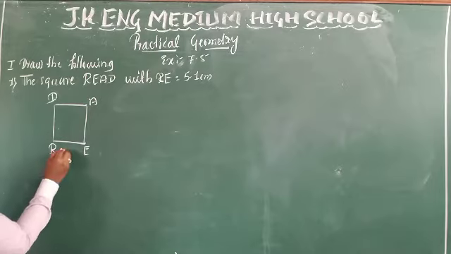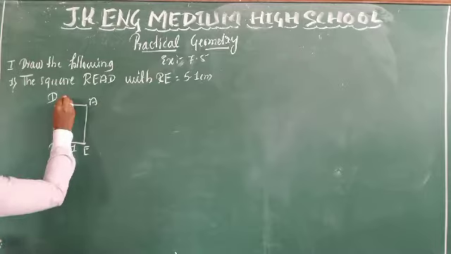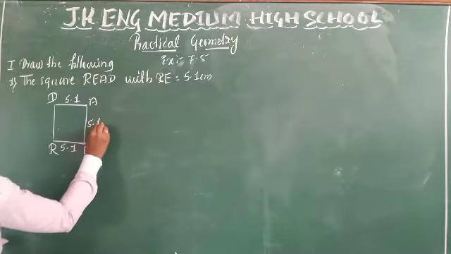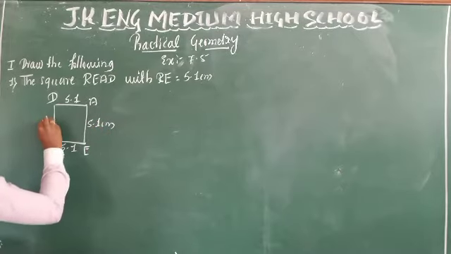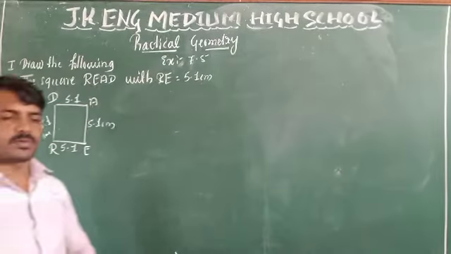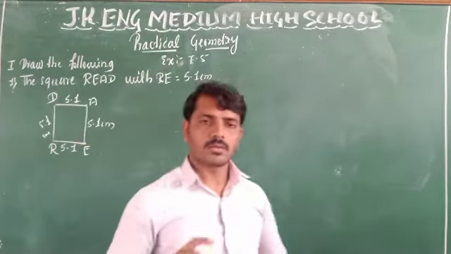READ. So RE is 5.1 centimeter. This is also 5.1 centimeter. This is also 5.1 centimeter. This is also 5.1 centimeter. Because all the sides of our square are equal.